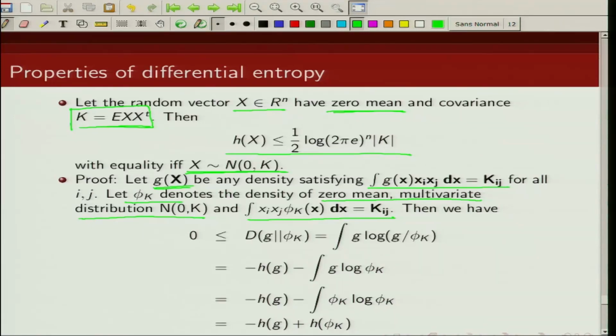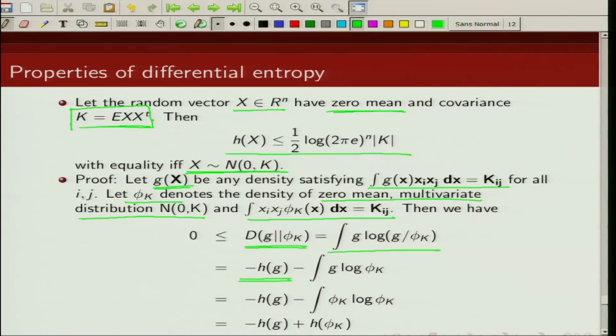Now let us compute the divergence between this density g and this 0 mean multivariate normal distributed phi k. The divergence between g and phi k can be written from the definition as the integral of g log of g by phi k.